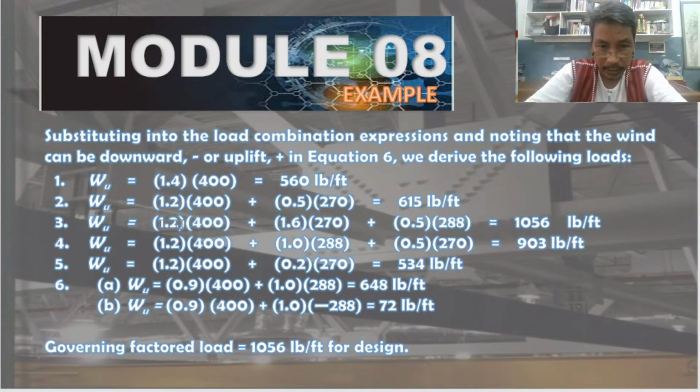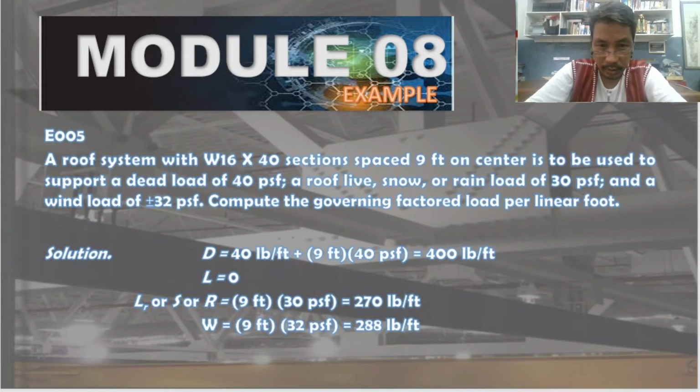And number 3, 1.2 times dead load plus 1.6 times 270. So 270 is what? Take note on the roof live load.